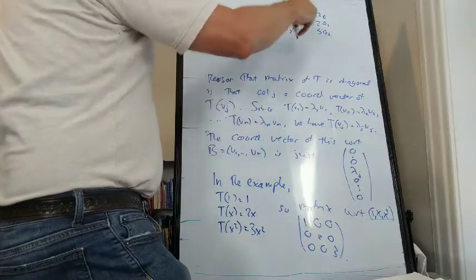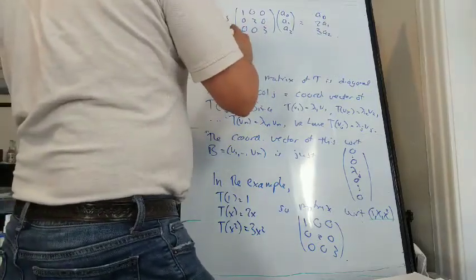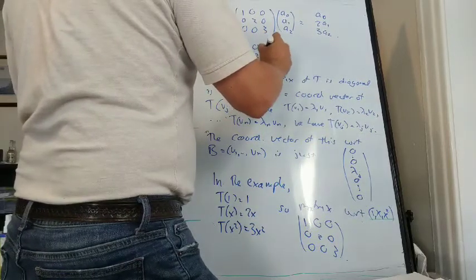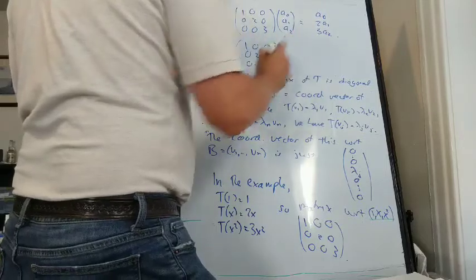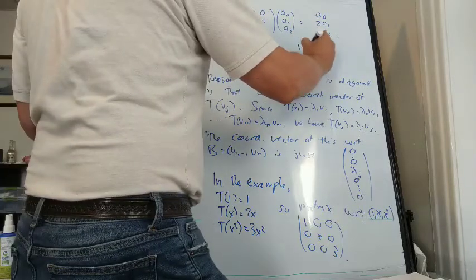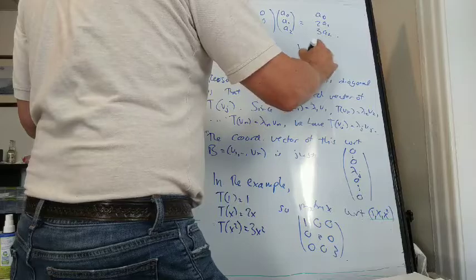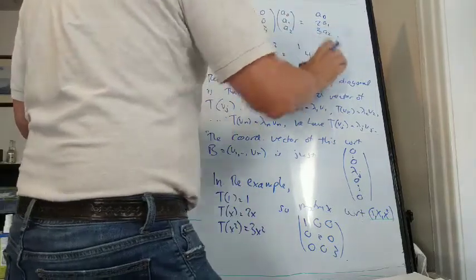Just multiply all the components by 1, 2, and 3, respectively. Also, if we wanted to raise this to a power, say square it, we just square the diagonal entries. 1 squared is 1, 2 squared is 4, 3 squared is 9. I guess I can write in the couple of zeros here.